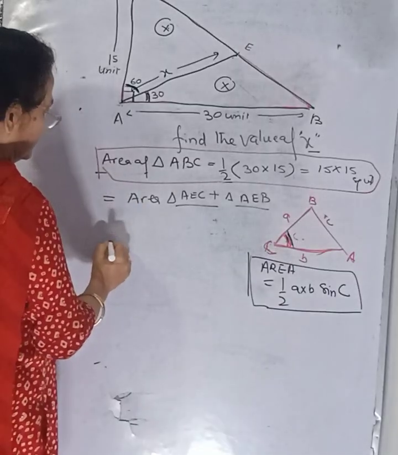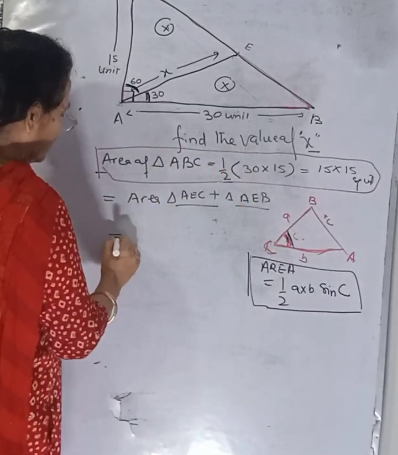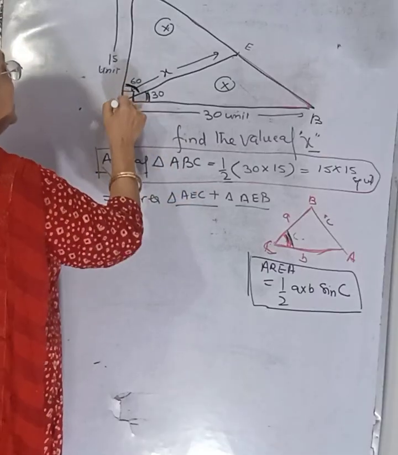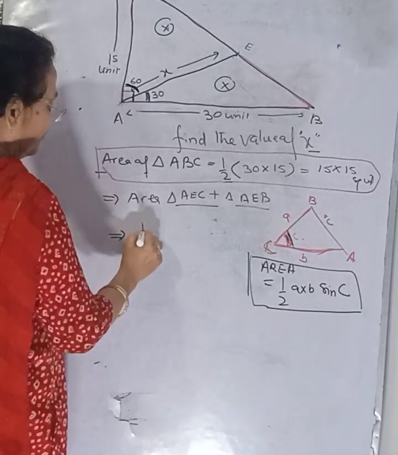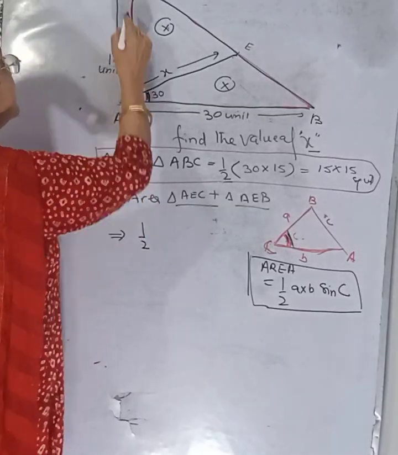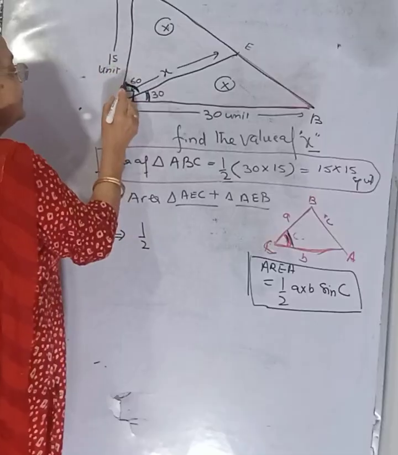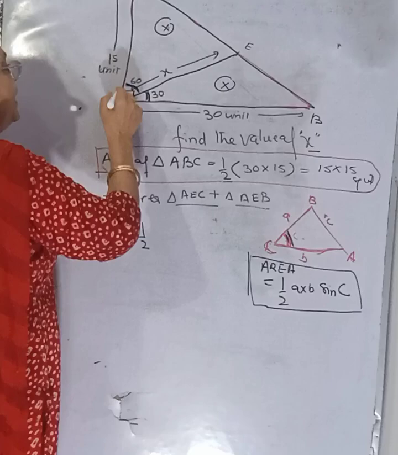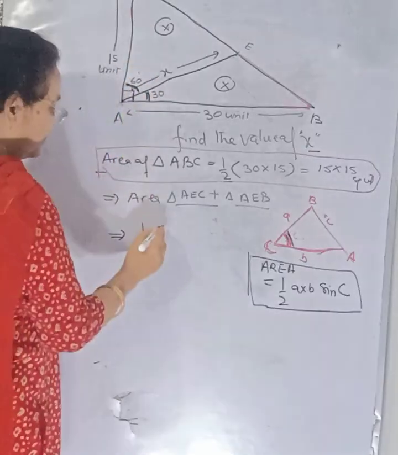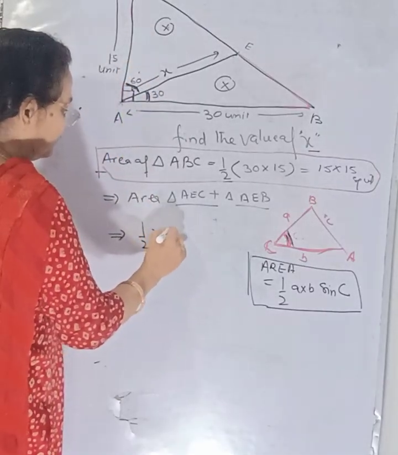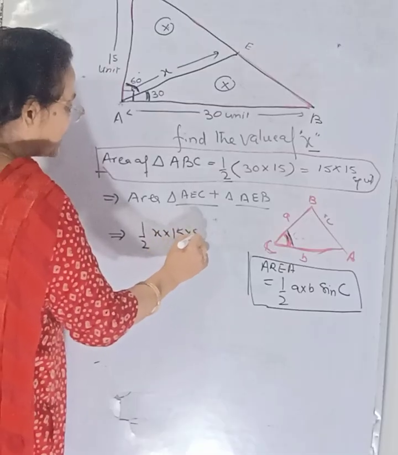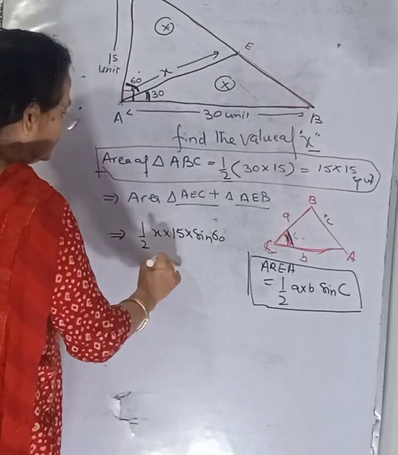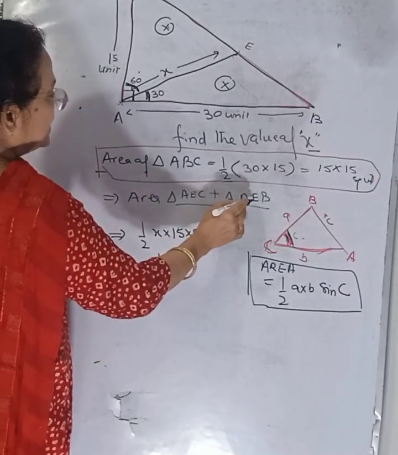Then the area of the triangle AEC will be equal to 1/2, this angle is known to us, x into 15 into sine of 60 degree, plus the area of AEB.